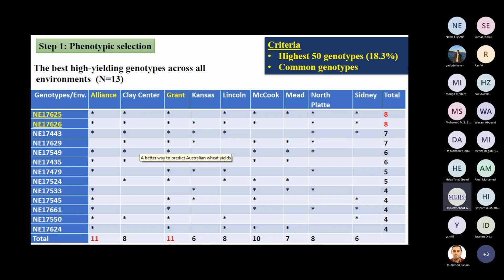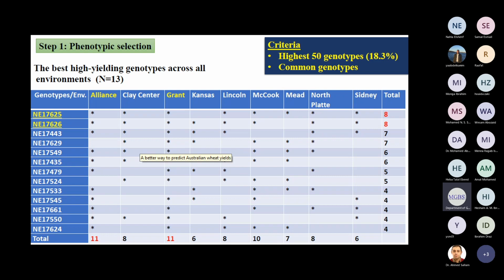After we selected 50 genotypes in each location, we looked for the common genotypes across all locations, and we came up with this table. We have 13 wheat genotypes. For instance, the first one was among the highest 50 genotypes in 8 locations, as you see here.